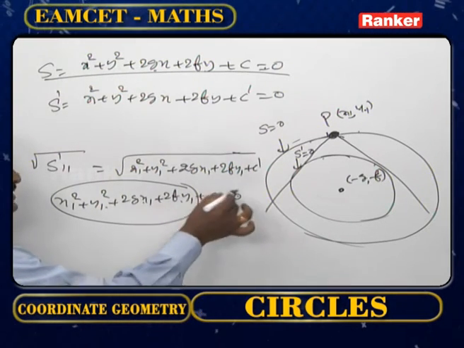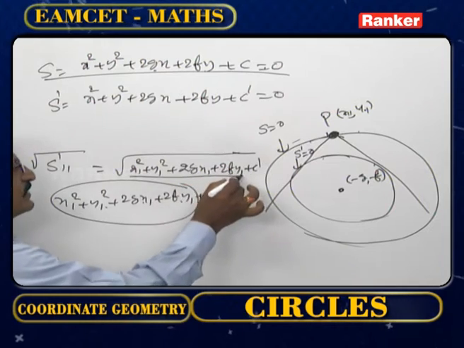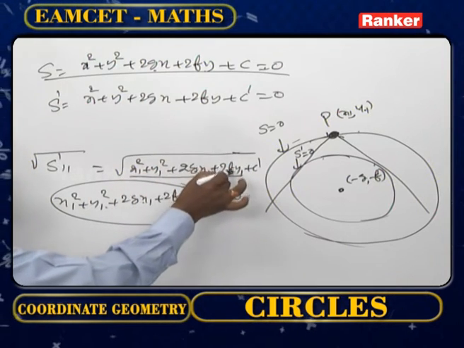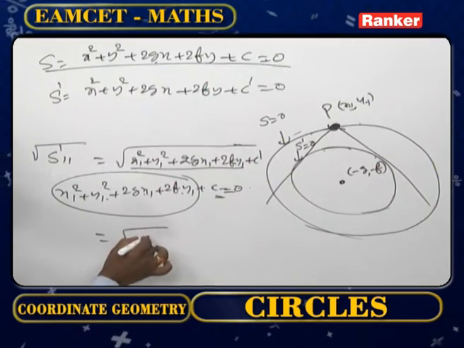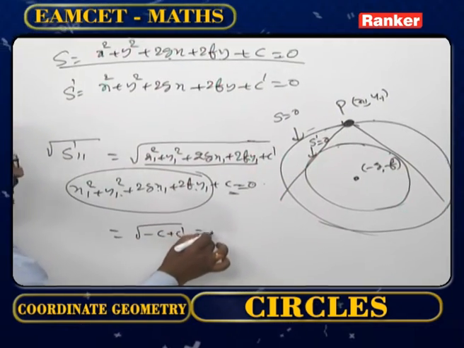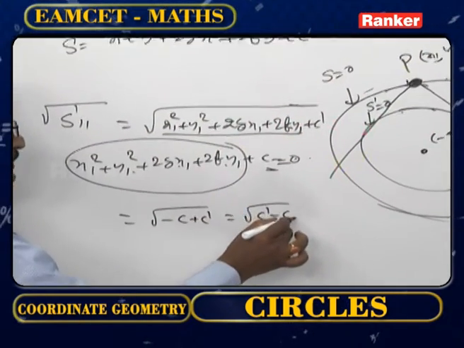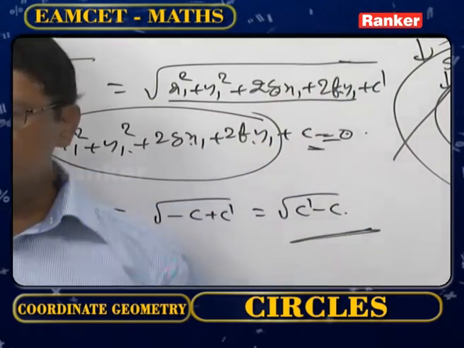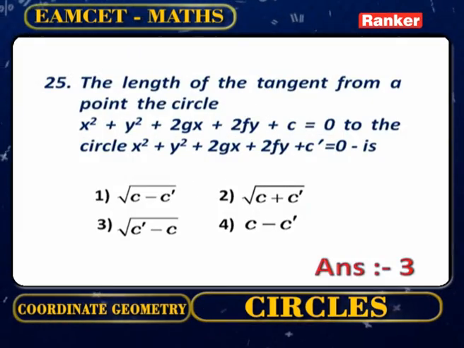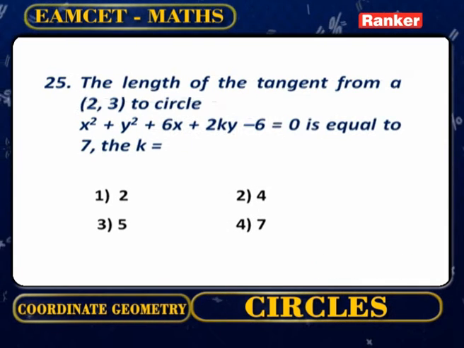Then the length equals the square root of minus c plus c dash, that equals root of c dash minus c. The length of the tangent from any point on the first circle to the second circle is the square root of c dash minus c. The third option is correct.